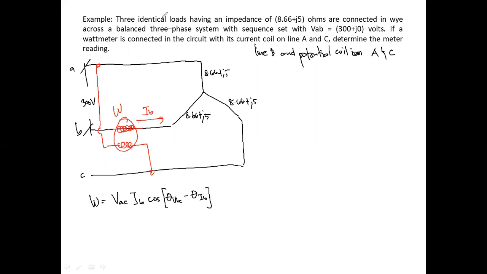The rest we may opt not to calculate because they cannot be used in the problem. IB, that's IBN, is the same as the line current IB because it's a Y connected load. Now first we need to plot the phasor of the line voltage.